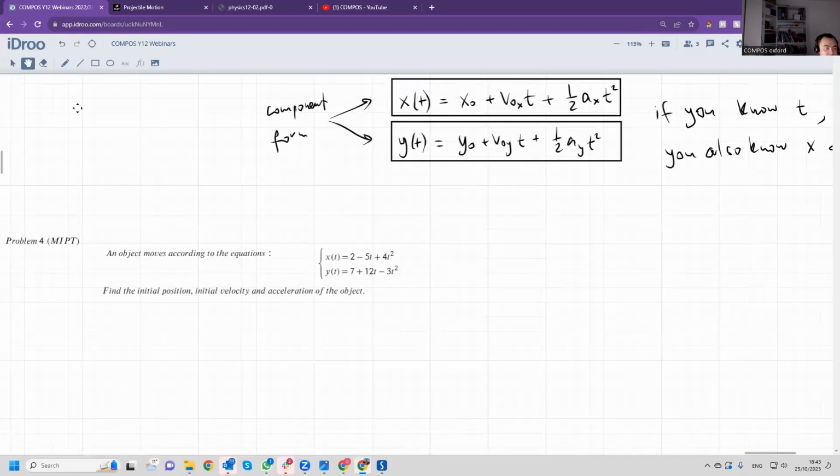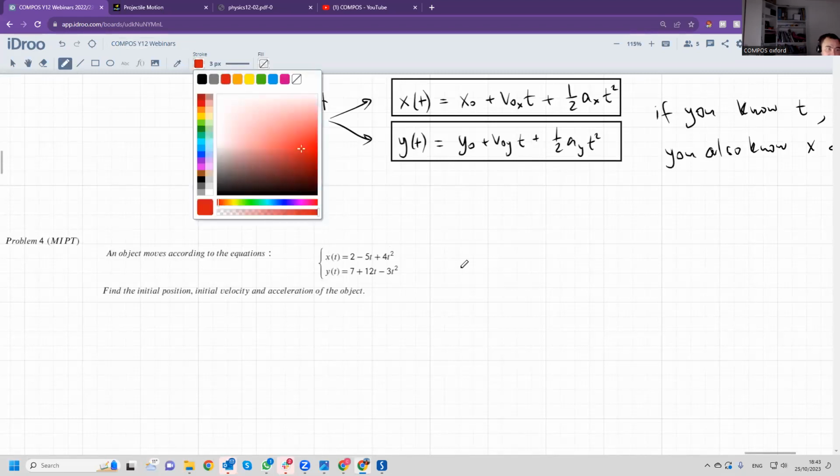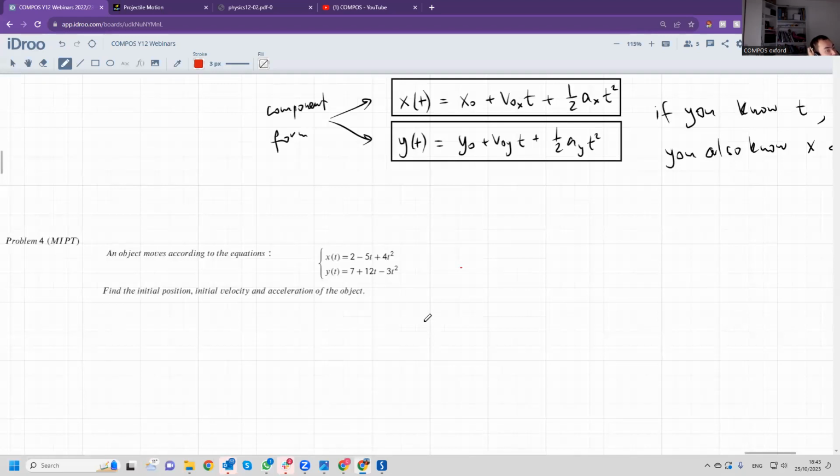So find the initial position. Well, initial means t equals 0. When t is 0, x of 0 is 2 minus 0 plus 0, so 2. And y of 0 is 7 plus 0 minus 0, so that's 7. So for the initial position, x is 2, y is 7.